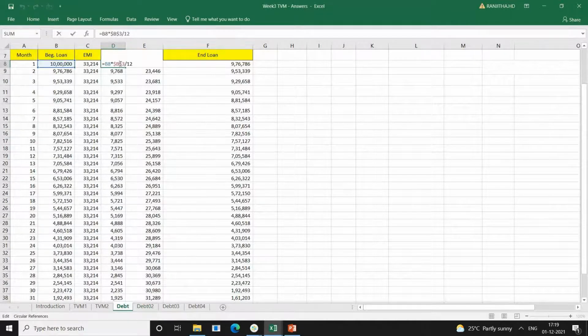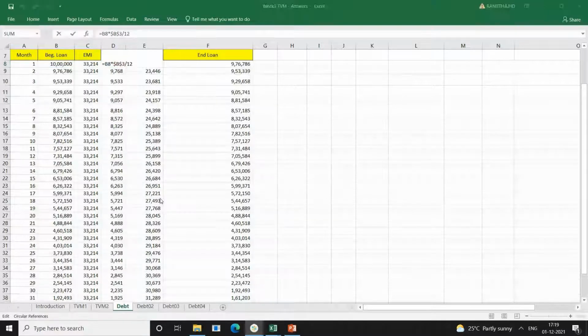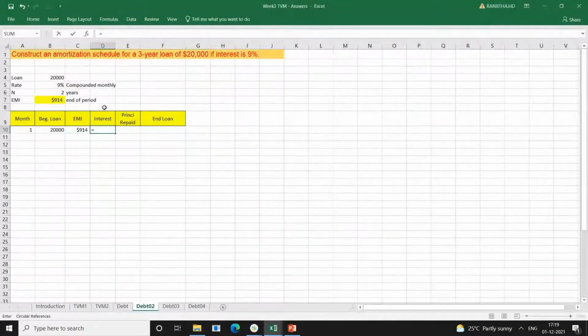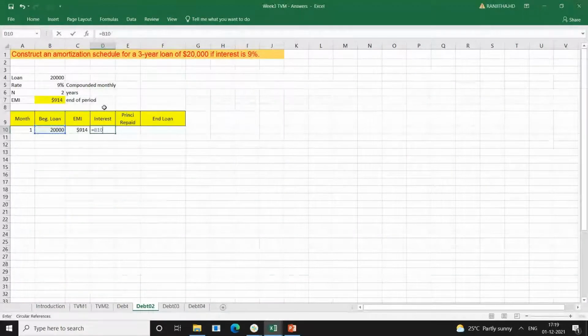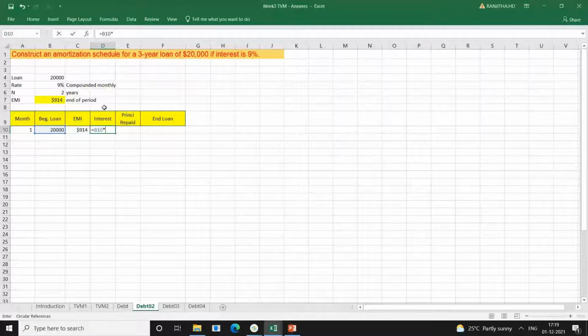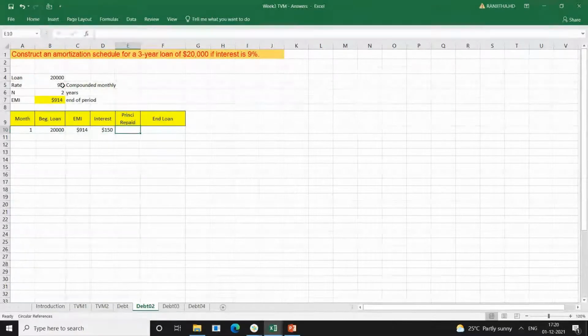For interest, we will find it based on the month. This percentage, make it absolute, divided by 12. Principal repaid.